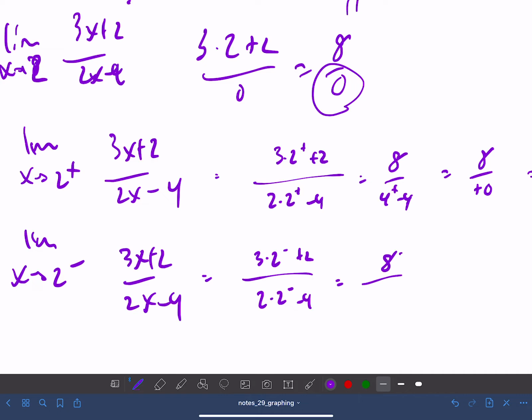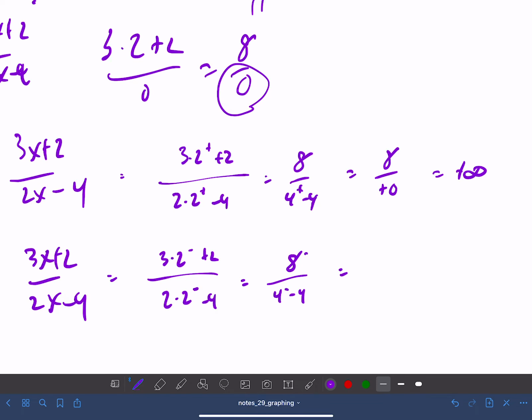It is, in fact, 8 minus, if you care. And then I have 4 minus 4, but this 4 right here is a little smaller than that other one, and so the sign of this one is negative, and so that means that this is equal to 8 over negative 0, which is equal to negative infinity.